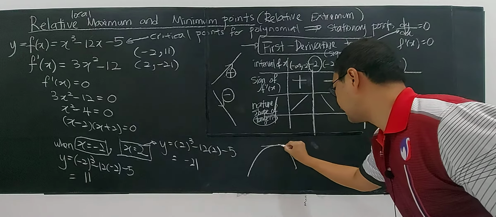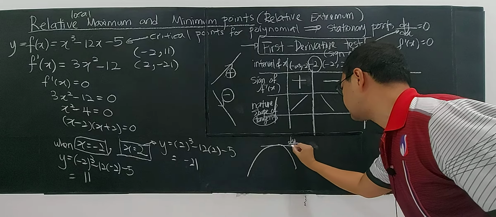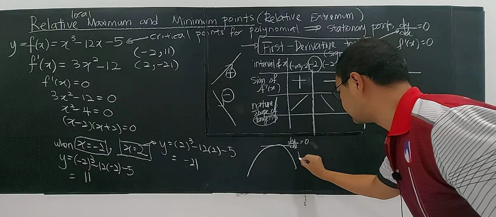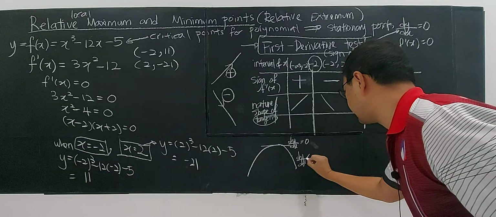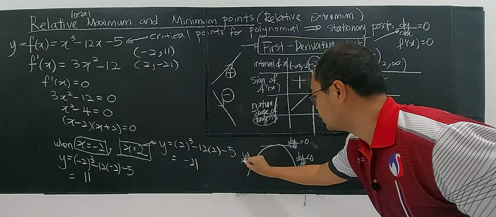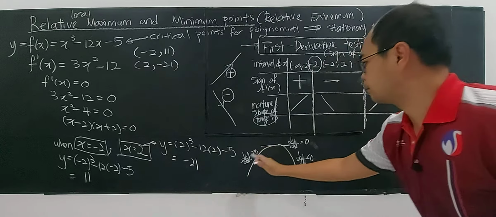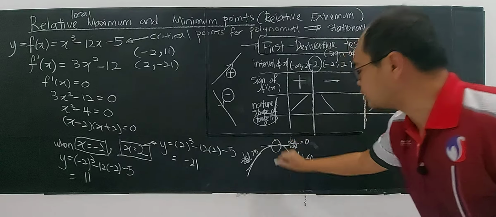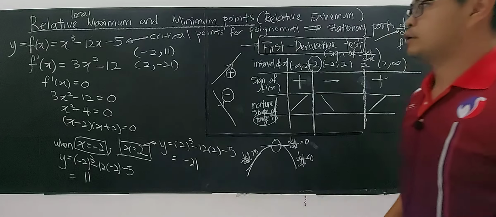That means there is a stationary point here. On one side dy/dx is less than 0, and on the other side dy/dx is more than 0, positive, the tangent here is positive. So this describes that this point is actually a maximum point.